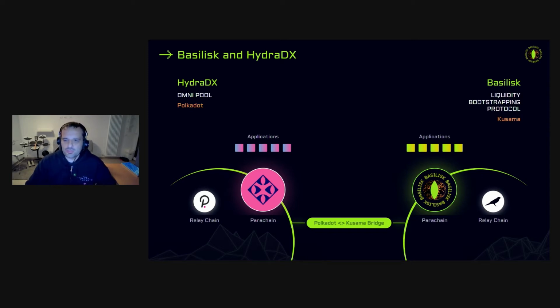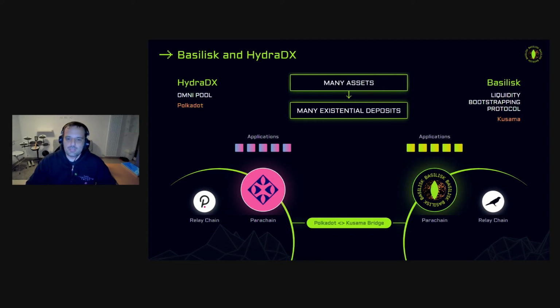Both projects create a synergy where you can bootstrap liquidity on Basilisk and then move it to the Hydra Omnipool. So naturally, we will deal with many assets, and hence we will have to handle many different existential deposits, one for each asset accordingly.